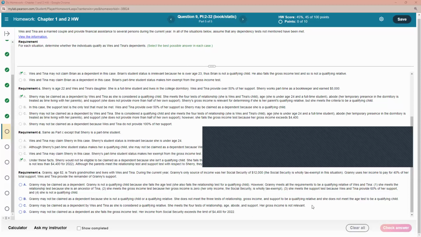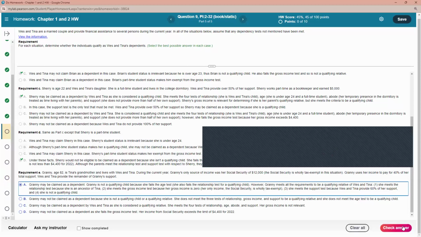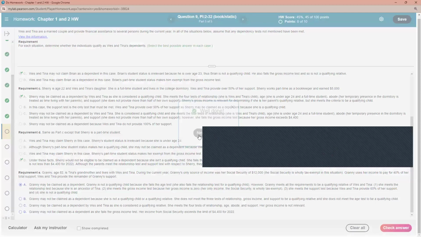Gross income is relevant when someone is considered a qualifying relative, but gross income is not relevant when we are dealing with a qualifying child. D, Granny may not be claimed as a dependent if she fails the gross income. Her income from Social Security exceeds the limit of $4,400. So as it says here, Social Security is tax exempt. So therefore, A is our correct answer.